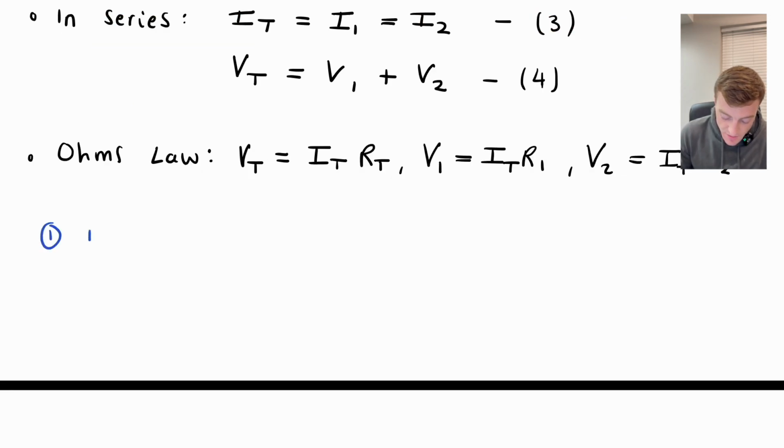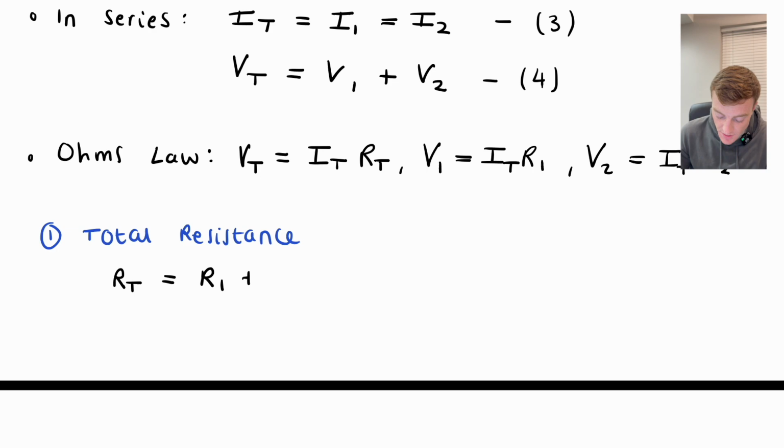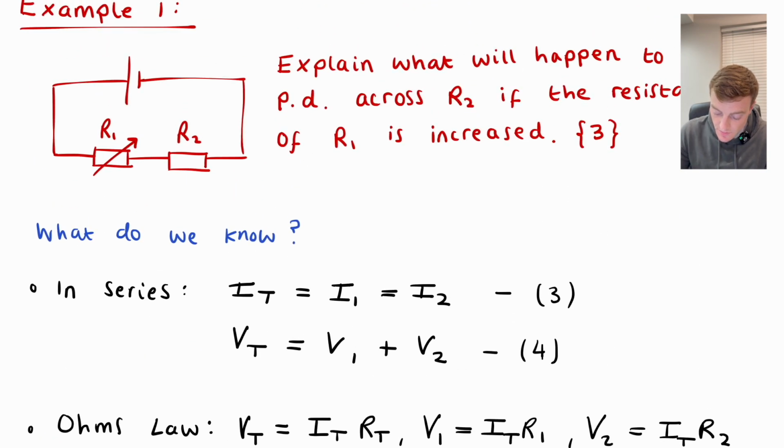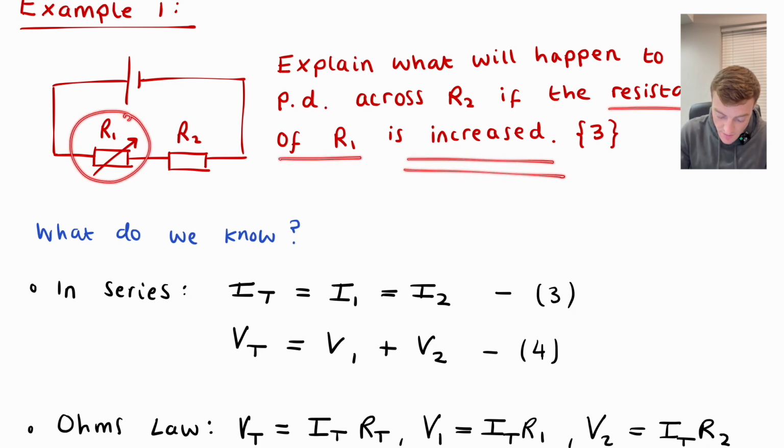So step 1 is we need to look at the total resistance. And remember, equation 8 from the start of the video in series says that the total resistance is R1 plus R2. Then we look at the question and it says the resistance of R1 is increased. So R1 increases.